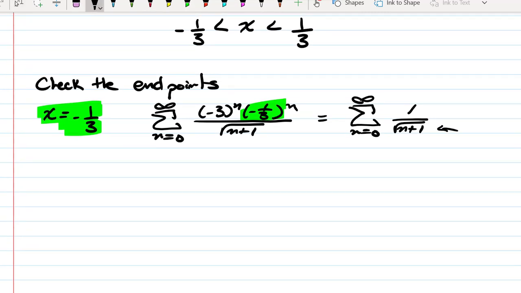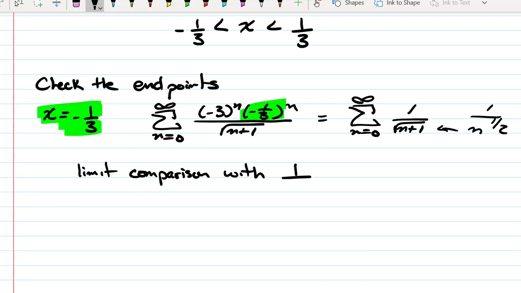So this is going to be of order n to the 1/2, because we have a constant 1 in the top and then the square root of n in the bottom. So we will try limit comparison with 1 over n to the 1/2.